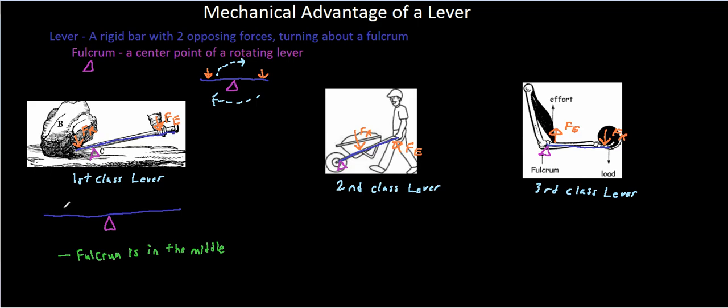We can put it on the left though; it doesn't really matter as long as FR and FE are on either side. So we'll call this one FE and this one FR. Both are examples of a first class lever because they follow the rule that FE and FR are on either side of the fulcrum.